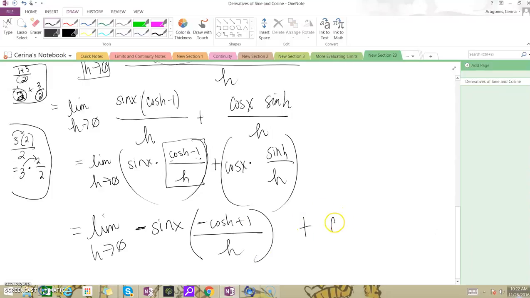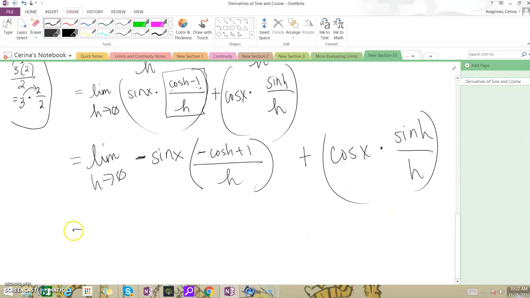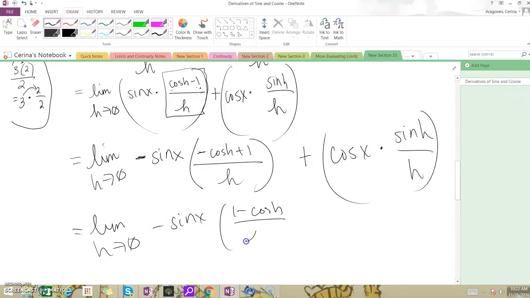And then over here, cosine x times sine h over h. Now I have what I want. I have the limit as h approaches 0 of minus sine x times 1 minus cosine h over h plus cosine x times sine h over h.